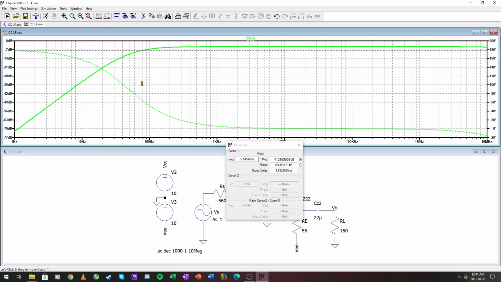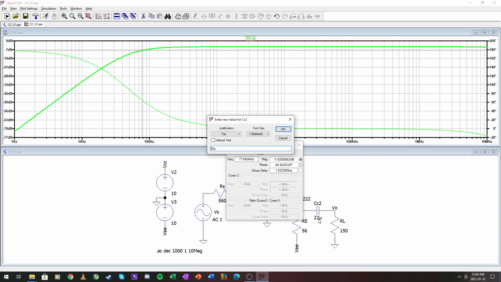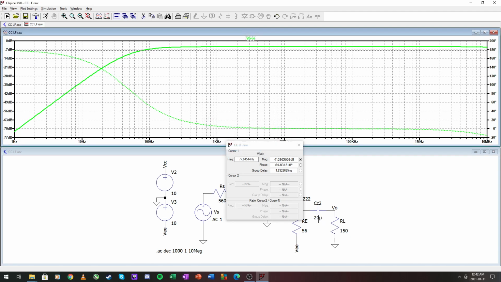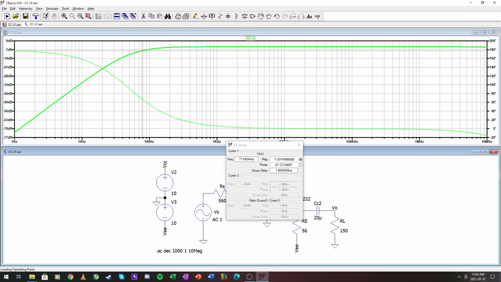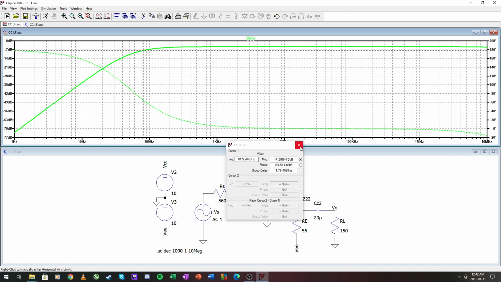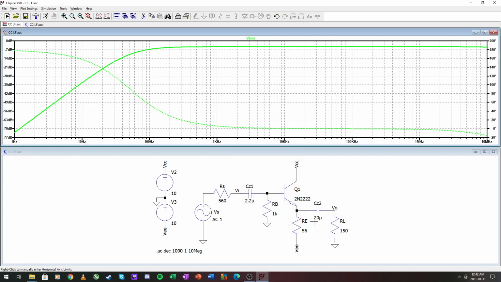Minus 7.6 dBs is at 77.64 hertz. We picked this one 2 microfarads larger almost. So this gives us a rough idea of what to expect.